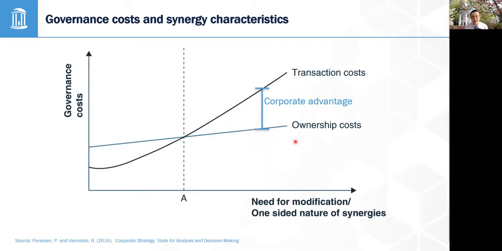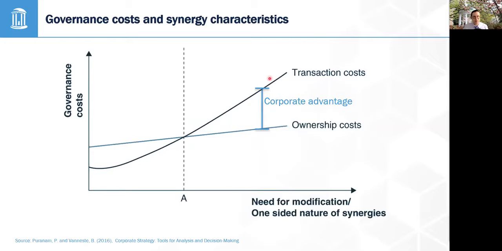The Purnam and Vinost way of thinking about this is thinking about governance costs, which could be either ownership costs or transaction costs. And if you have a high need for resource modification for the synergy you're creating, or if the synergy you're creating is one-sided in nature, that increases transaction costs relative to ownership costs.